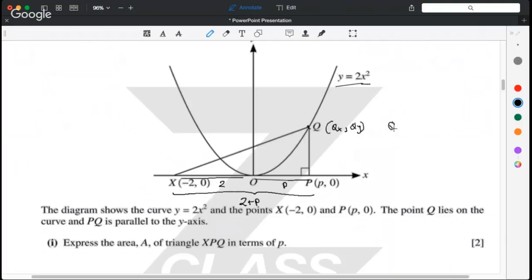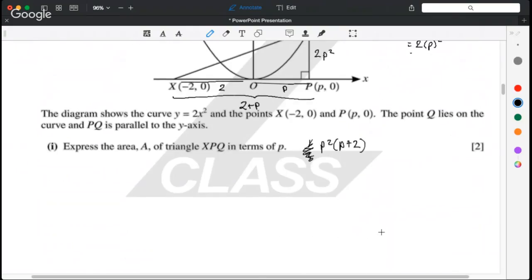So therefore, Qy, which is equal to 2Qx squared, is equal to 2p squared. So this is 2p squared high. Then that's all you need to do. You know that the area is going to be 1/2 height times base. The 2 cancels with that. So that's fine.